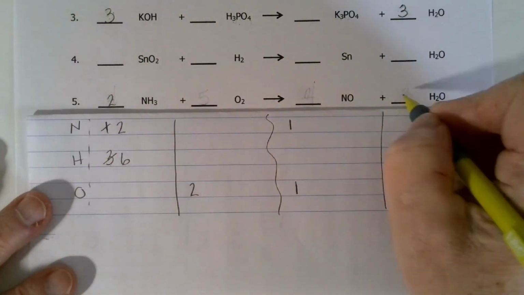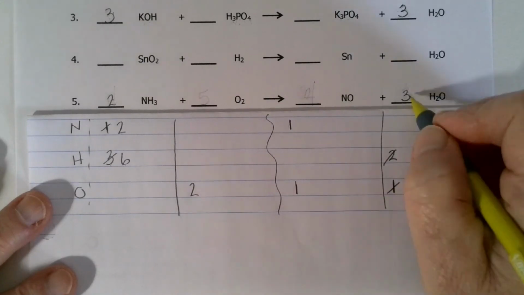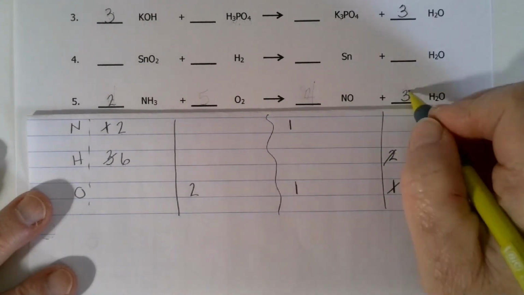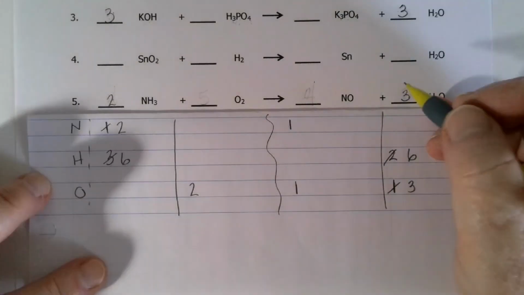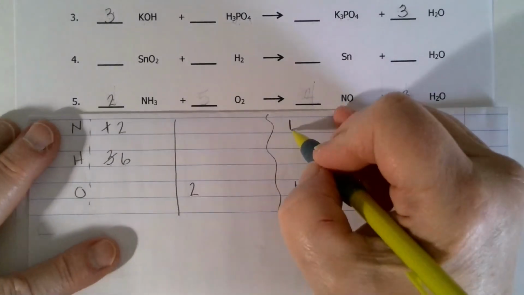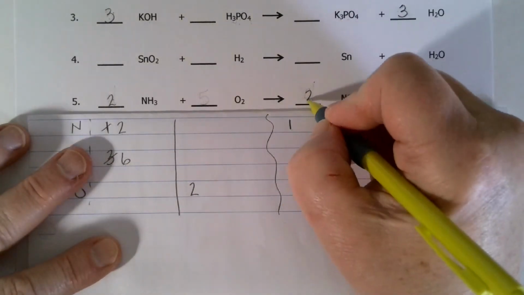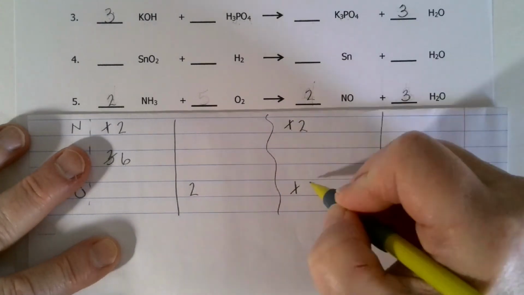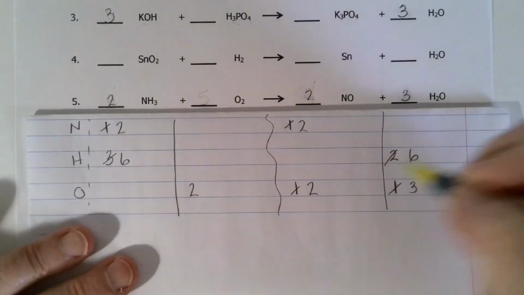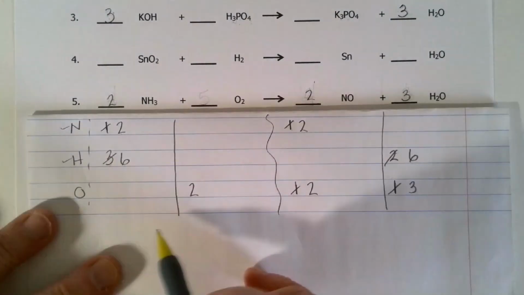So over here to get 6, I would take it times a 3. 3 times 2 is 6. 3 times 1 is 3. Okay? Now I have a 2 nitrogen here, so I would put a 2 here, correct? 2, 2. Yes? So now my nitrogens match, my hydrogen, let's go to the oxygens.